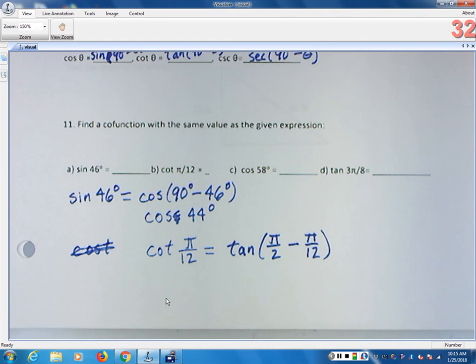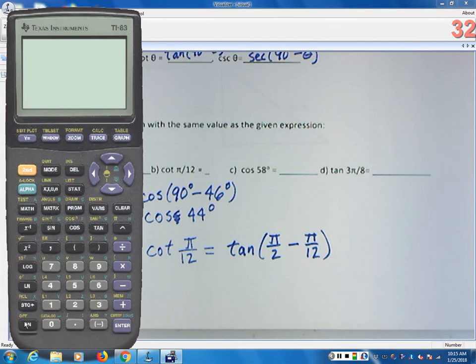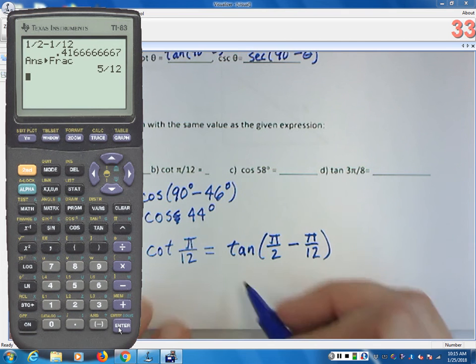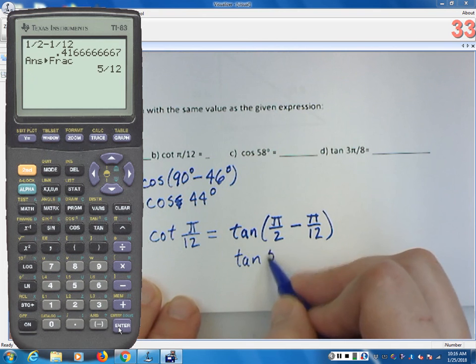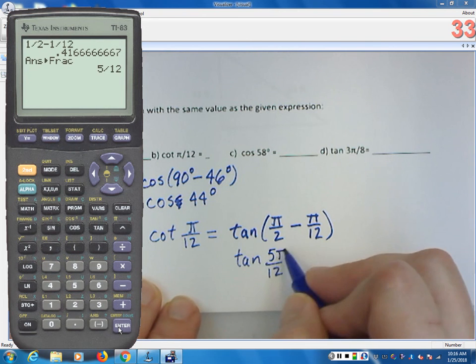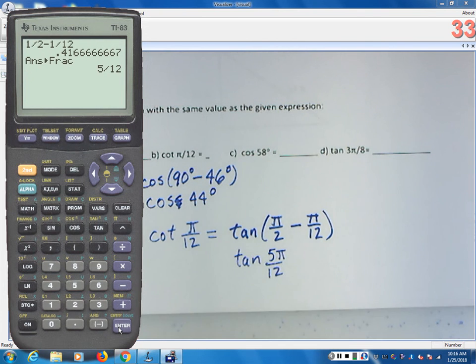You can either work that out by hand, or you can just take your calculator and do 1 divided by 2, minus 1 divided by 12, enter math to fraction, and it's going to be tangent of 5/12 pi. I put the pi back in. 5 pi over 12. Okay, so that's its cofunction with the same value.